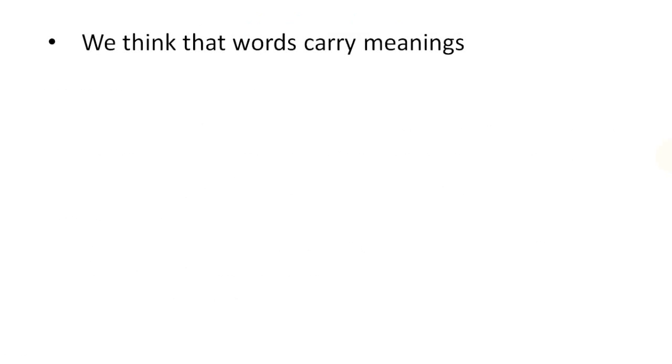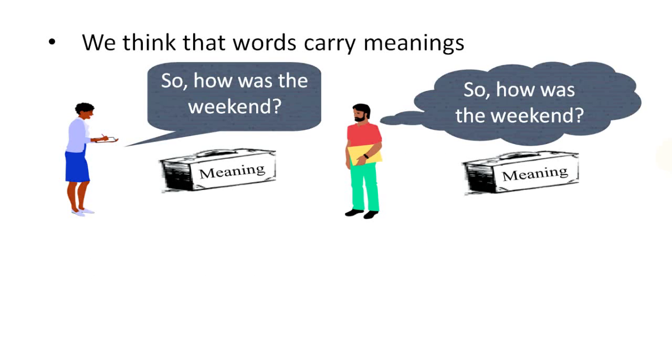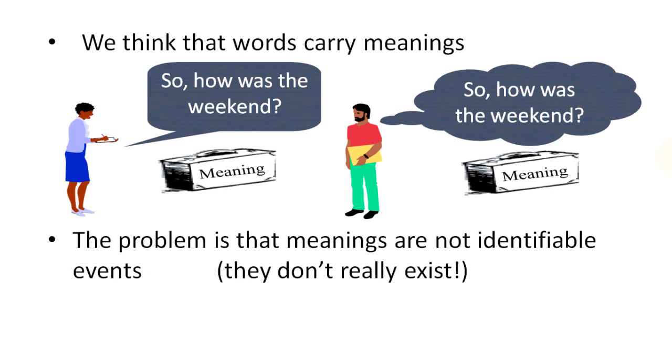Now, outside academic contexts in particular, we think that words carry meanings. So when somebody asks, "How was the weekend?" we assume that there is a meaning intrinsic in that statement and that the other person is understanding that meaning. The problem is that meanings are not identifiable events.